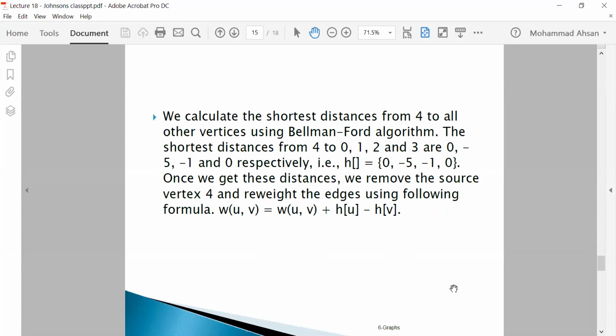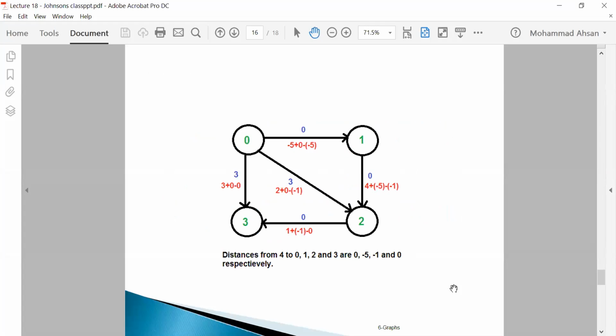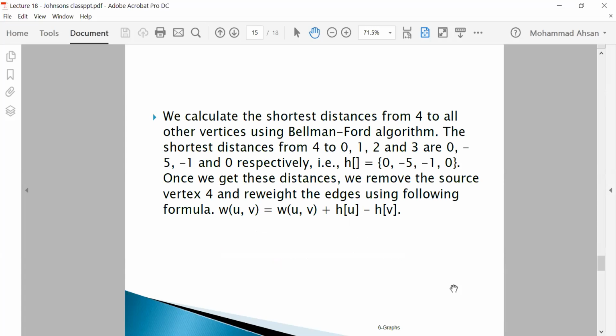And once you are done, you find the distances of all the vertices from the source vertex. So these are the distances we found to source node 1, 2, 3, and 4.